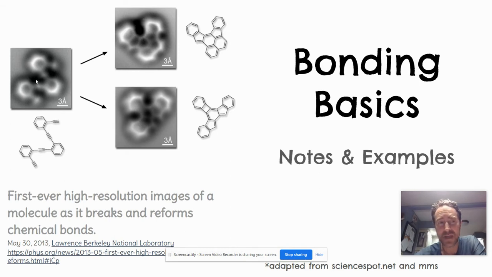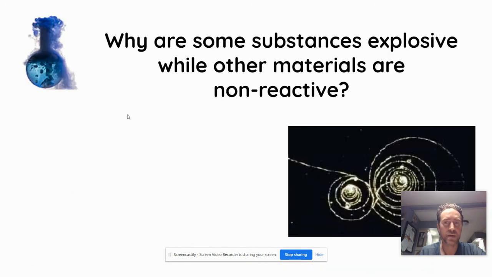But we can see there's more than one thing here, and it's breaking up into two things. When you see that, we know that some chemical reaction has occurred. Usually bonds are broken or bonds are made, and that can happen at the same time. Some bonds are broken, some are made at the same time.